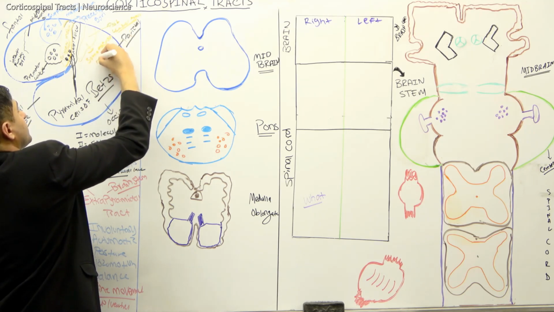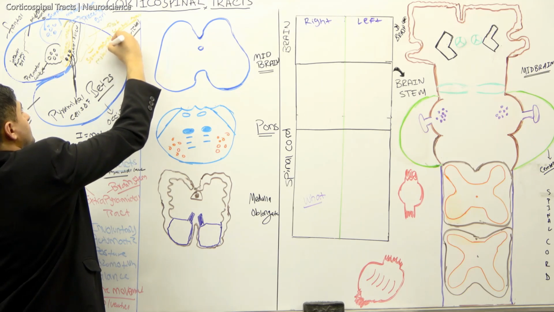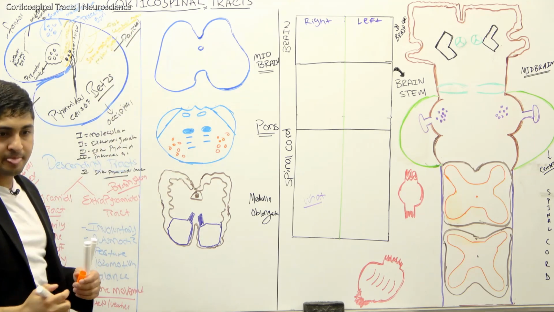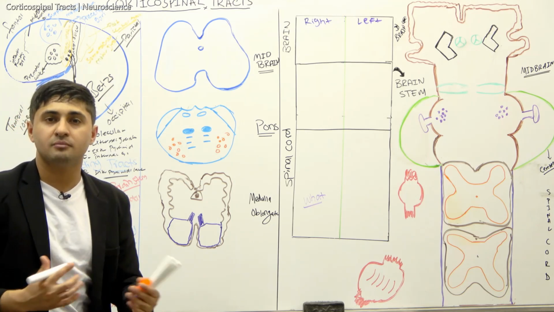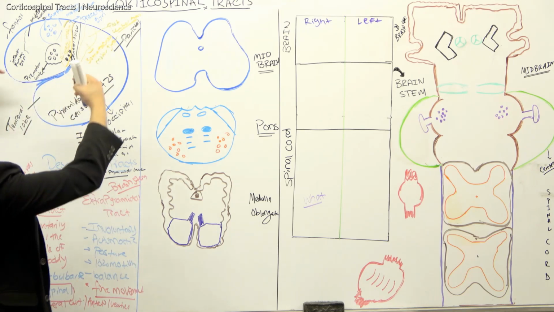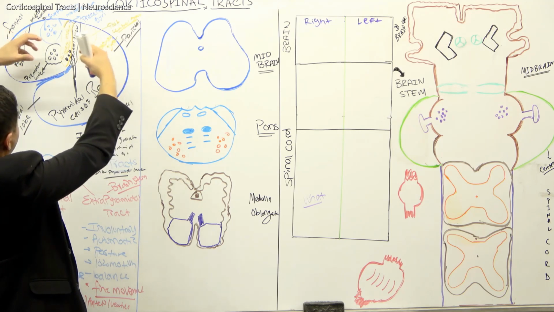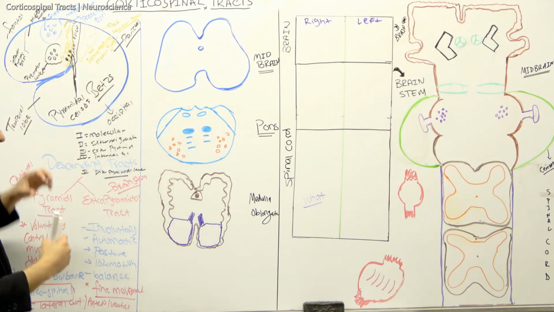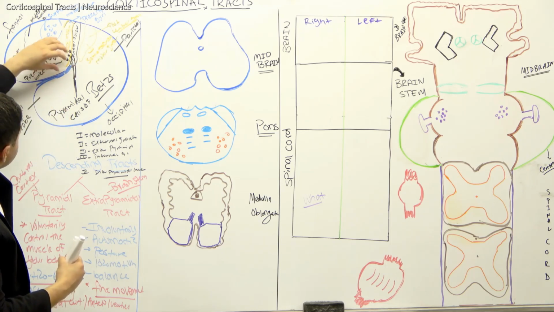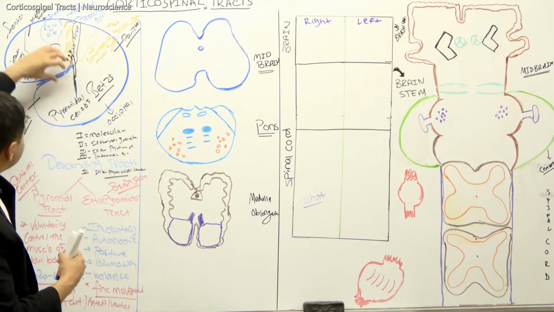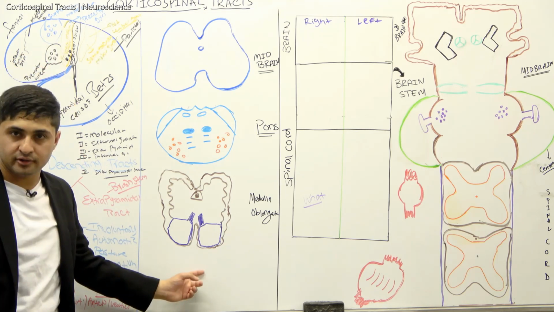So whenever we have to voluntarily move our body, all of the fibers usually come together and give these actions, the motor fibers, which are going to descend downward and go to the spinal cord, all right?